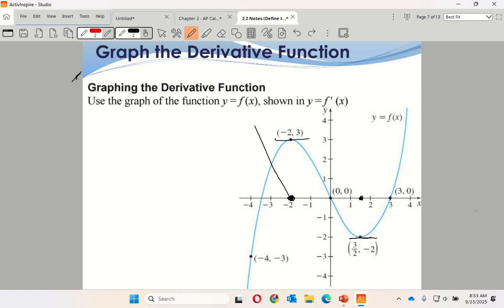All right. Now let's identify to the right side of 3/2. What's it doing? It's increasing, right? So the slope over there is all positive, isn't it? I had the same idea, I swear.